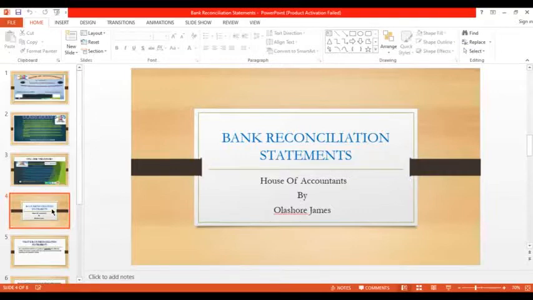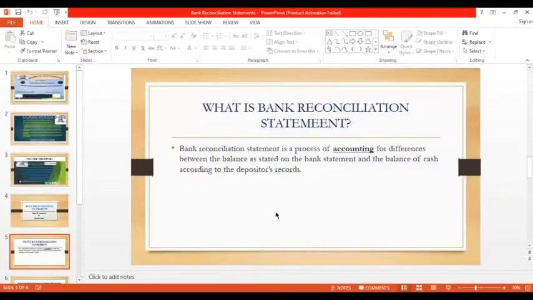So very quickly, what is bank reconciliation statement? Bank reconciliation statement is a process of accounting for differences between the balance as stated on the bank statement and the balance of cash according to the depositor's records or depositor's account.